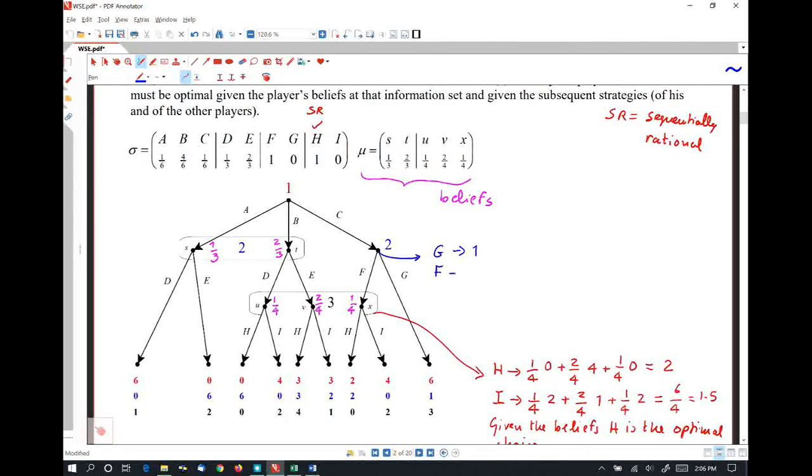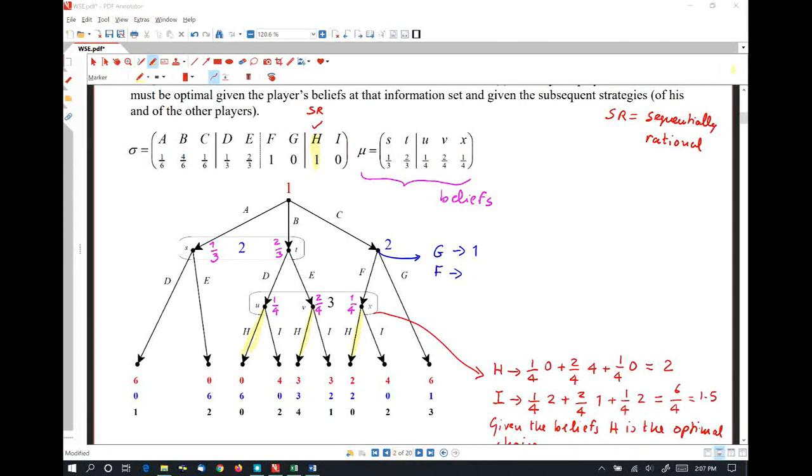And if he plays F, then player 3, so we have the strategy of player 3 that we have specified is H with probability 1.